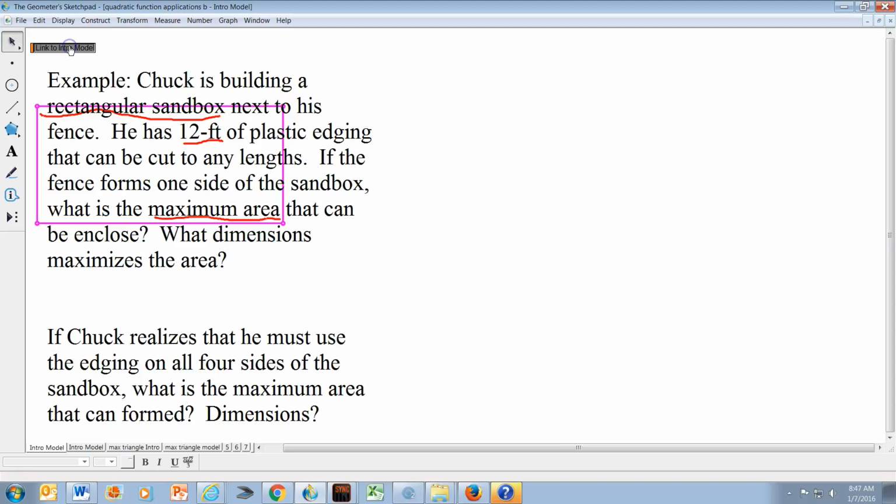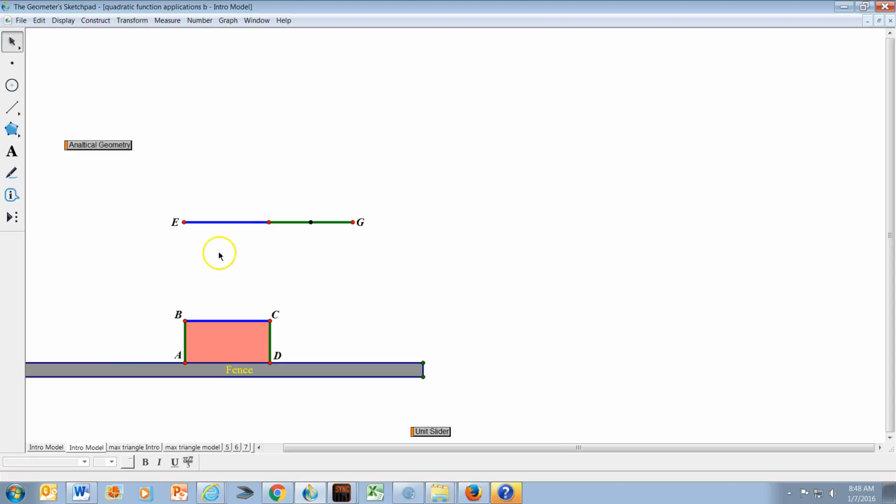Alright, so let me link to my model here. And in my model, I want you to notice here's our fence, here's our rectangle, our sandbox, and notice the areas do look like they are changing. I could have a really wide, skinny rectangle. I could have a really short, wide rectangle, and it looks like the areas definitely are changing.